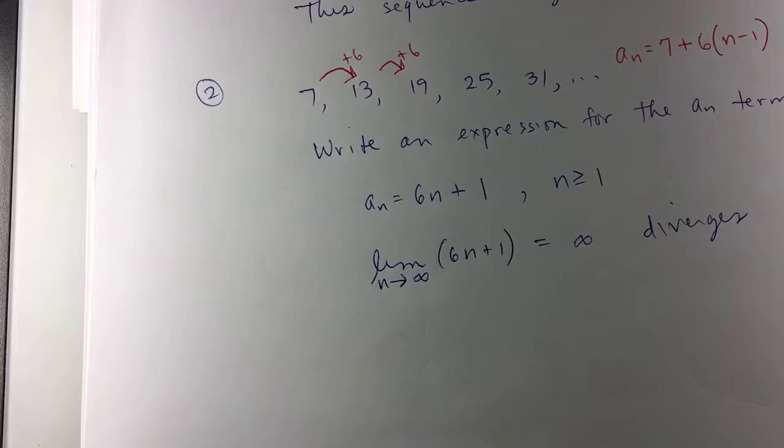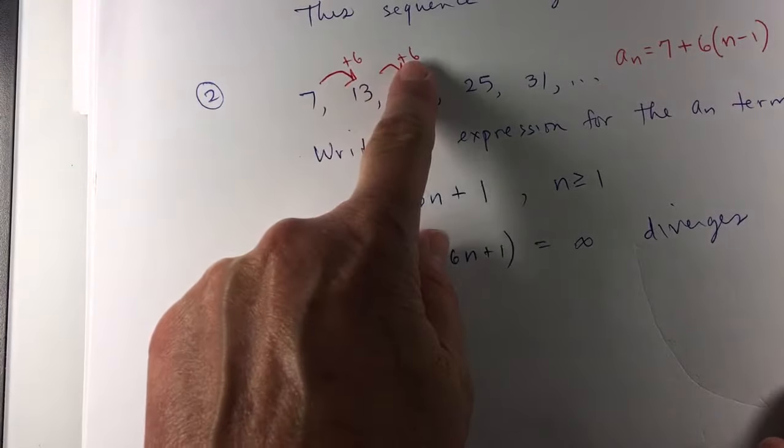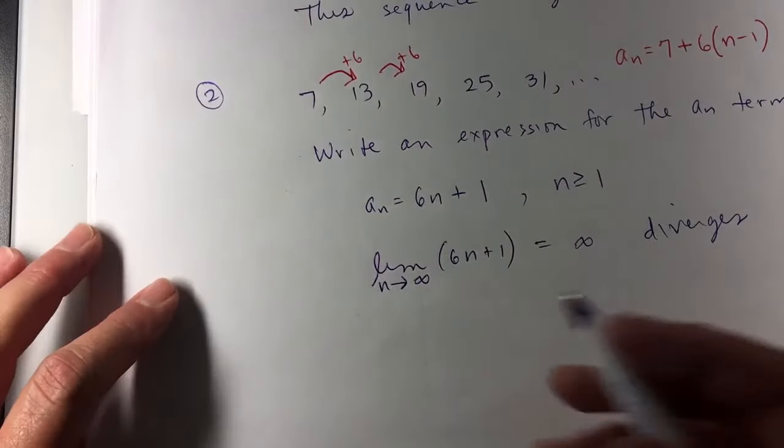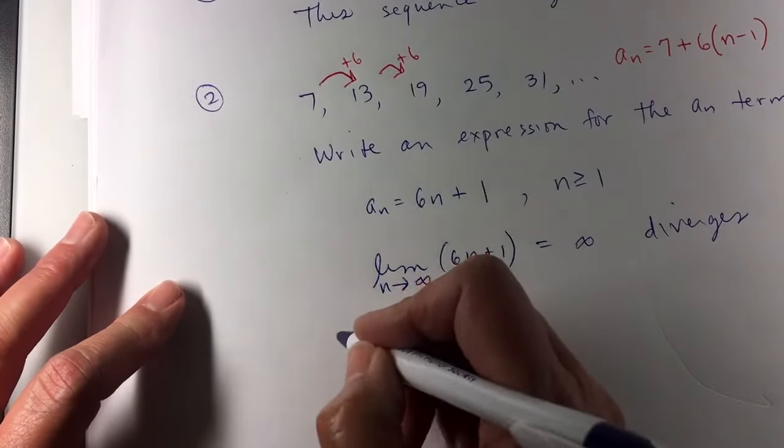This type of sequence where you're adding the same thing, I add 6, I add 6, I add 6 again. This is an arithmetic sequence.